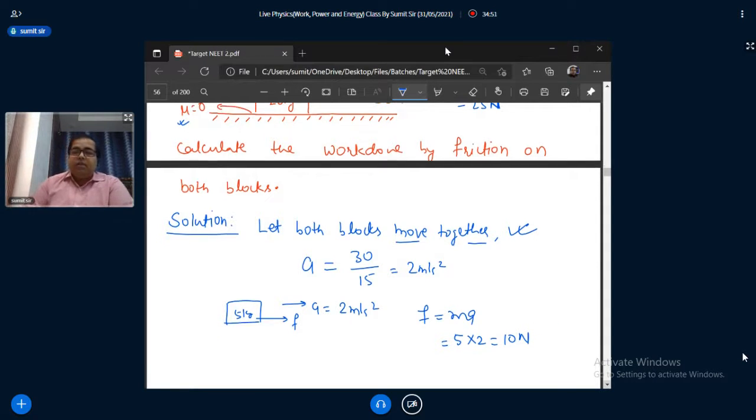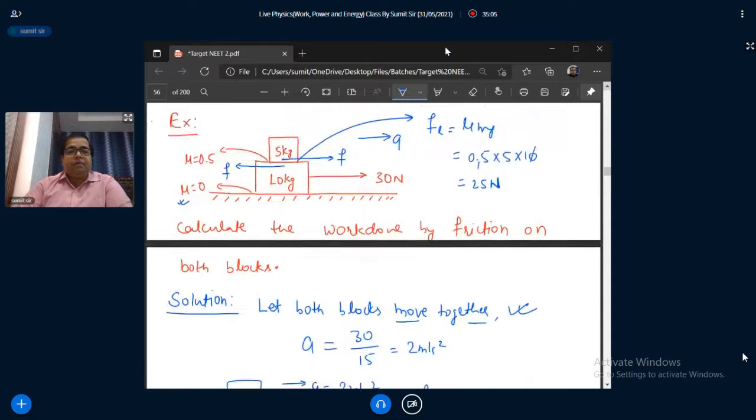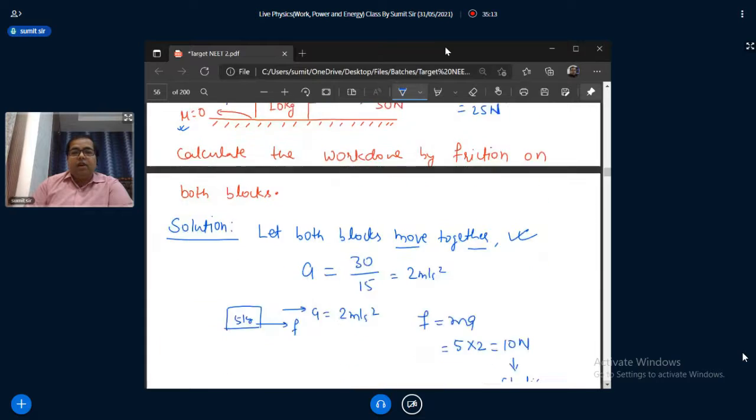So that means the magnitude of friction force is this 10 Newton, and it's static friction. Now see, now we need to calculate the frictional force on both blocks. So we have 5 kg.